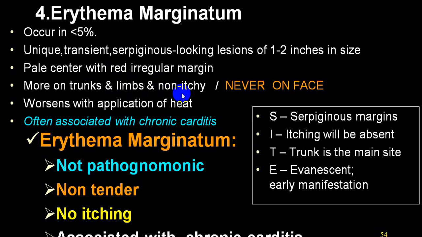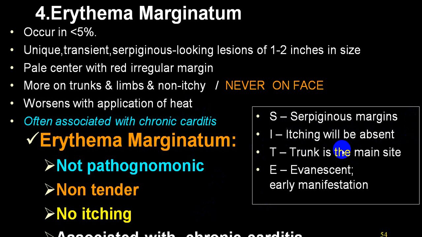Non-itchy, very, very important. And it worsens with application of heat. Erythema marginatum is non-tender, non-itchy. Center part is pale, peripheral is irregular in shape. So it is serpiginous margin. Itching is absent, so no itching.